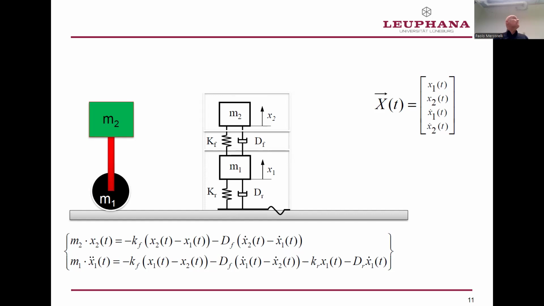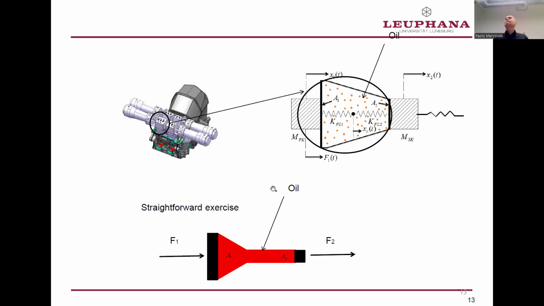When I fix this element as a reference, the ground is the ground, it does not move. This means X1 of the ground, or the derivative of X of the ground, is 0. This means I have to add these two elements, which reflect, let me say, the reaction between, or better to say, the movement of mass M1 with respect to the ground.